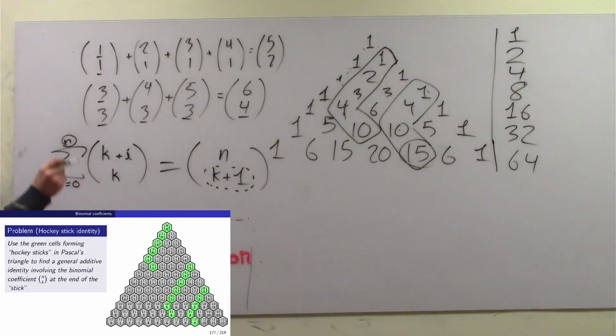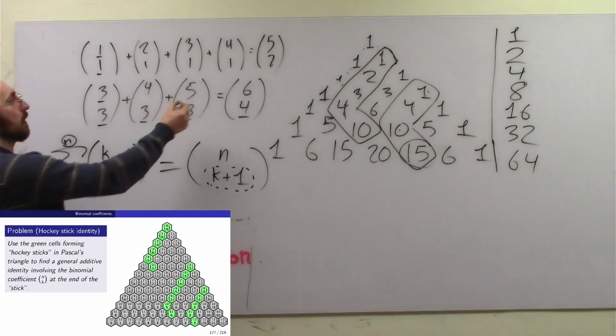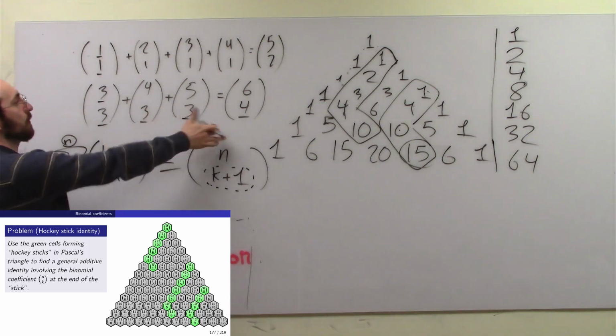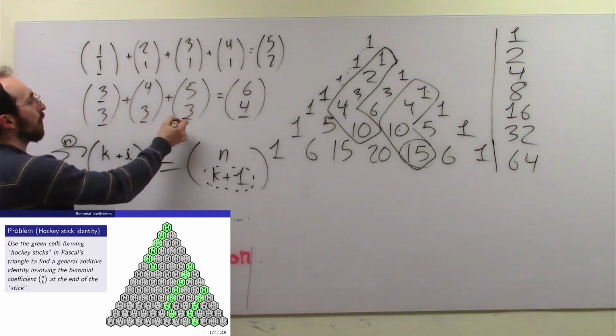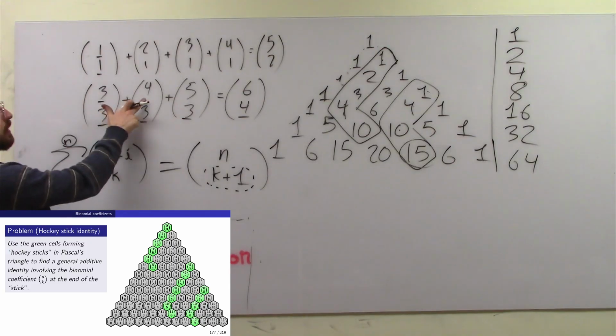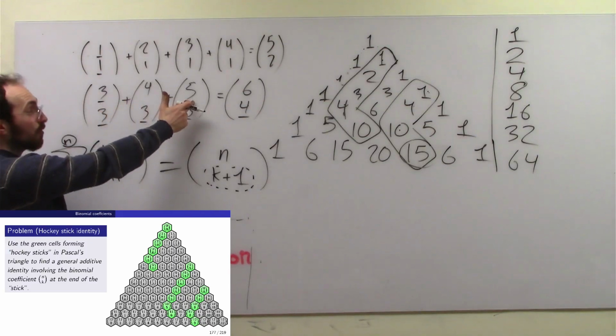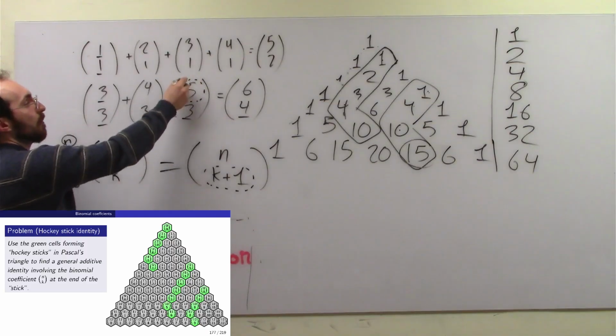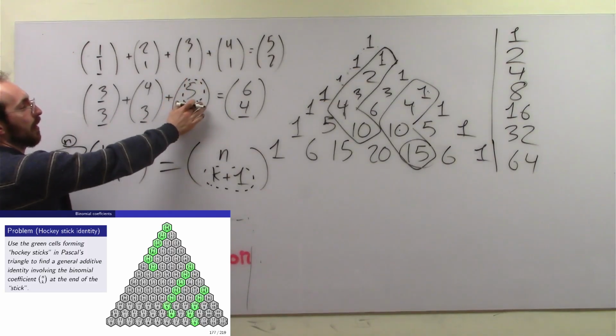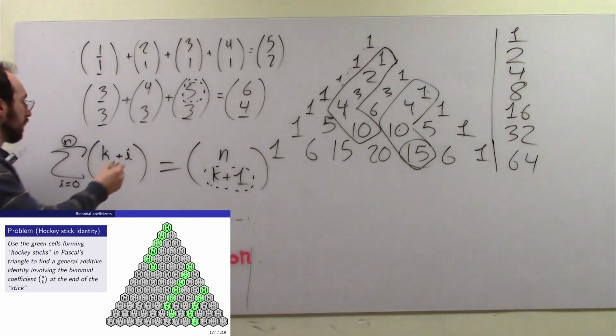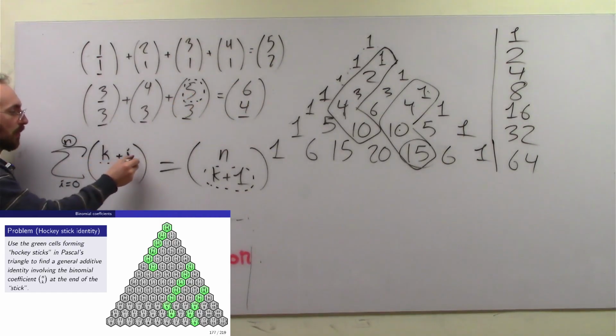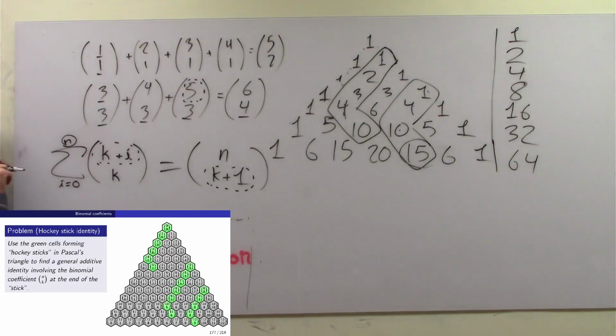Cool. But let's look at this string right here. We go all the way up from 3 choose 3, 4 choose 3 to 5 choose 3, and then from this top value right here, we add 1. What's the largest value that we get right here in our sum?